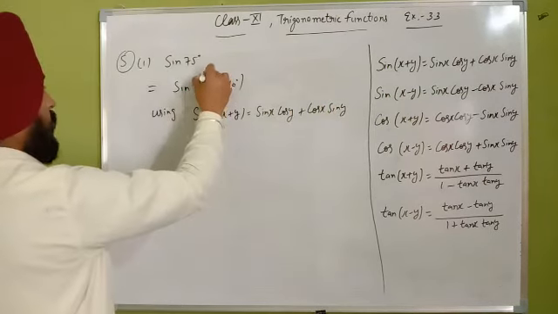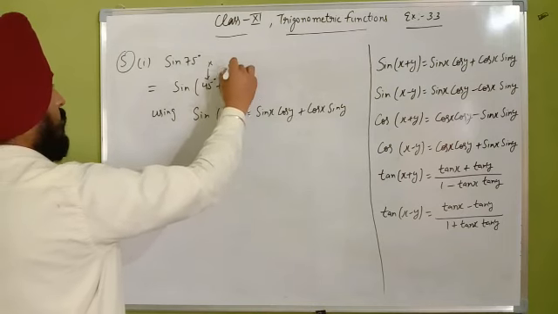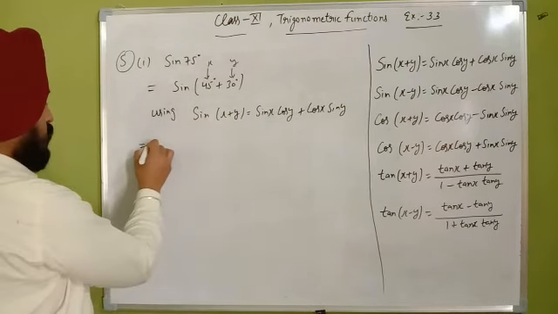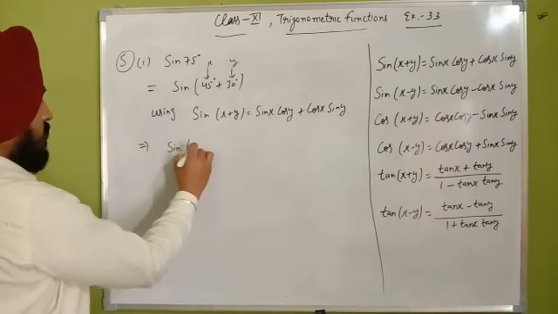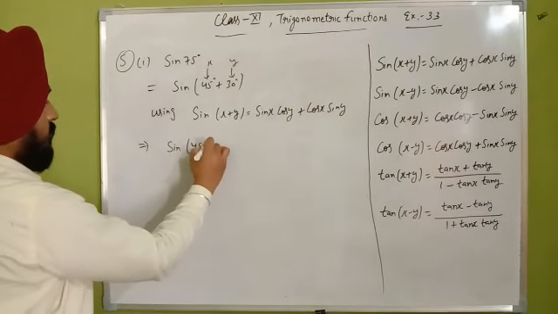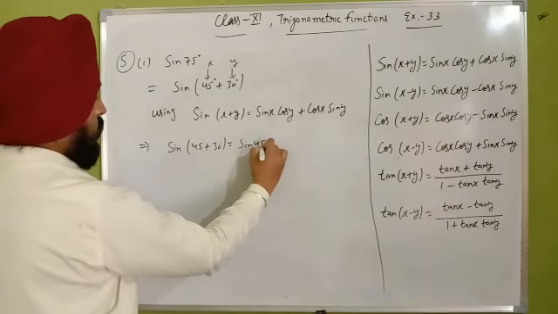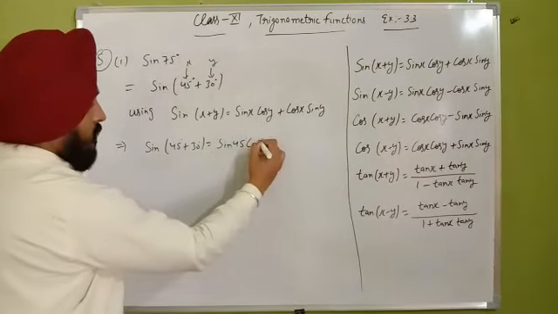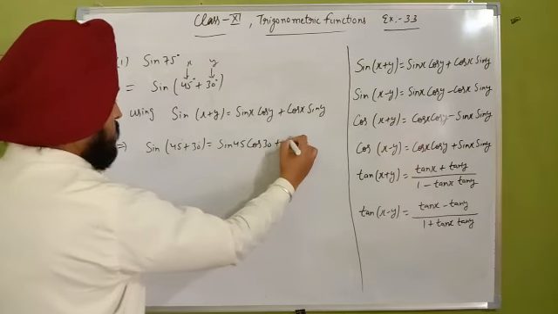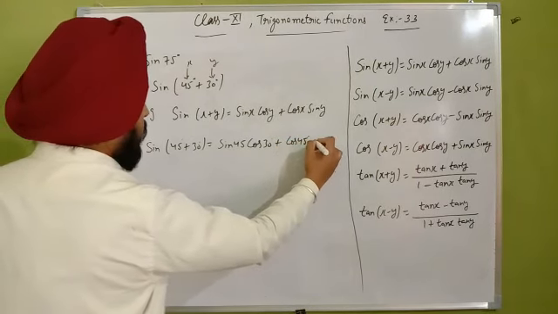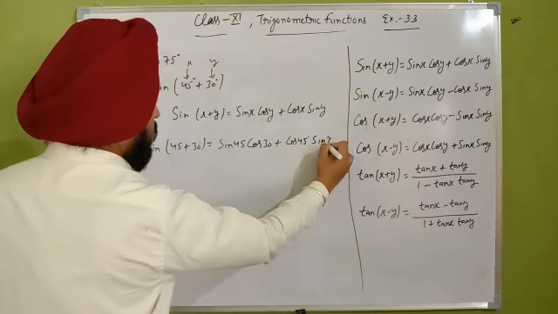And here the value of x is 45 degree and the value of y is 30 degree. So putting in this formula, sine of 45 degree plus 30 degree is equal to sine 45 degree cos 30 degree plus cos 45 degree into sine 30 degree.